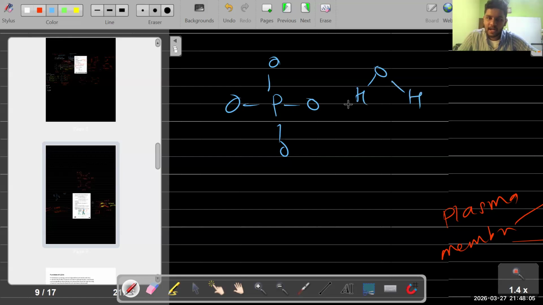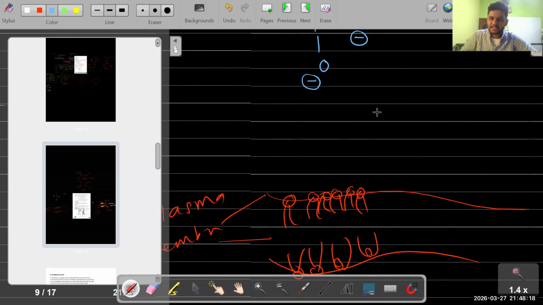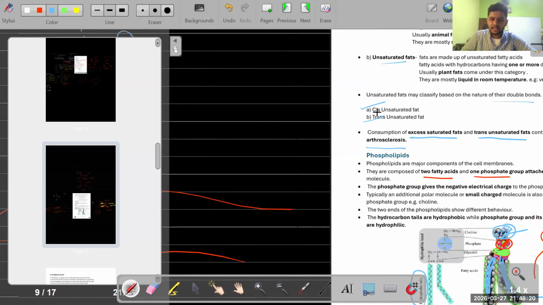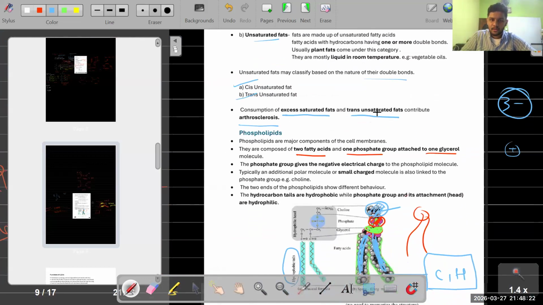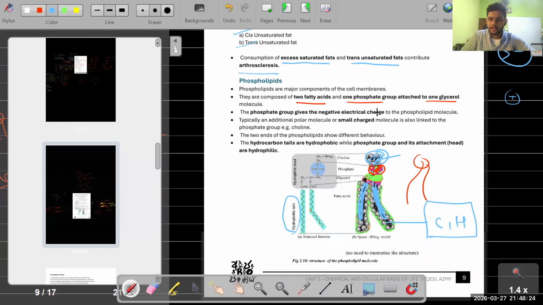We know that hydrogen tends to react with oxygen, forming what type of bond? Hydrogen bond, right? So it tends to react. So we can say that phosphate is hydrophilic or hydrophobic? Hydrophilic, very good.